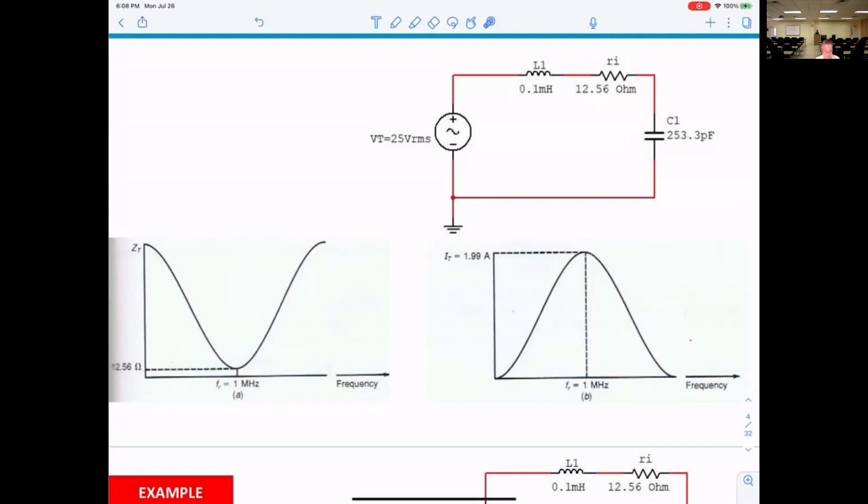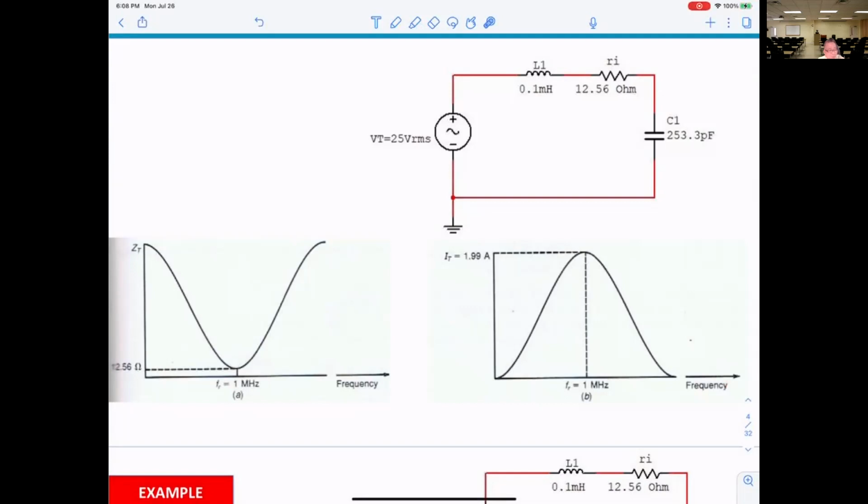Same thing will be displayed on the frequency domain. So any questions regarding the display for the total impedance and also total current at the resonance? You see that it is very simple.